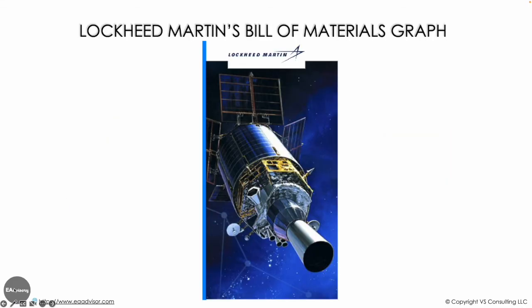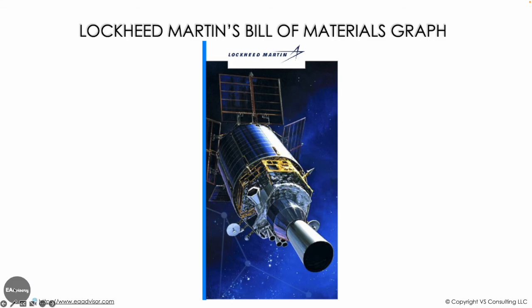And then more for the manufacturing folks, he talked about Lockheed Martin's bill of material graph, and he gave a satellite example. These products take a very long time to get to market, and they have a lot of steps and a lot of dependencies on vendors, and knowing throughout that network who supplies what.